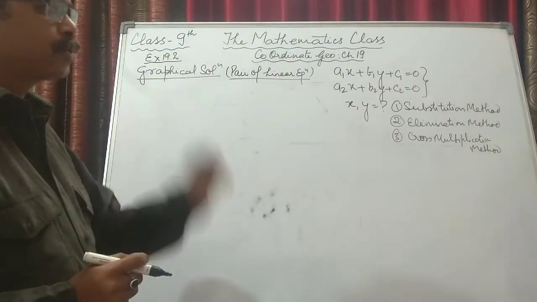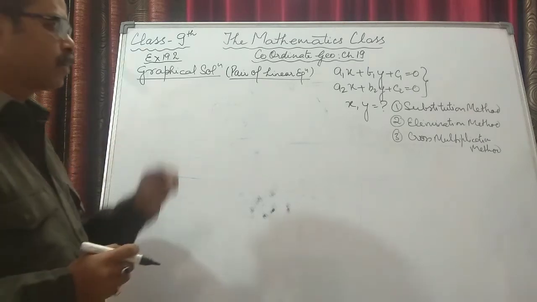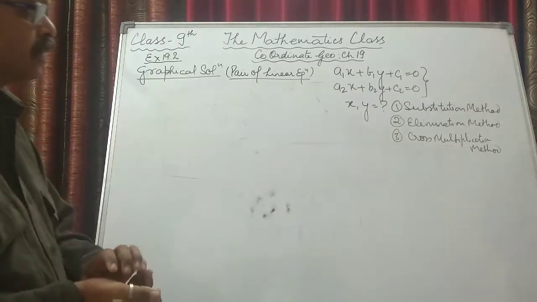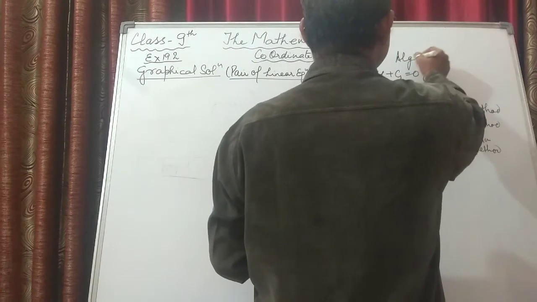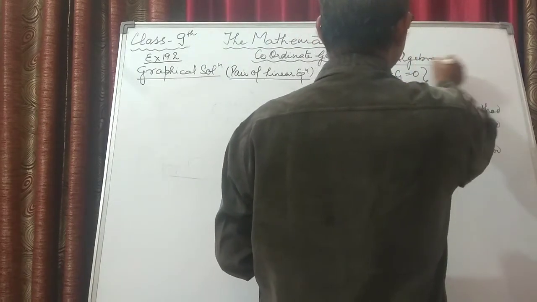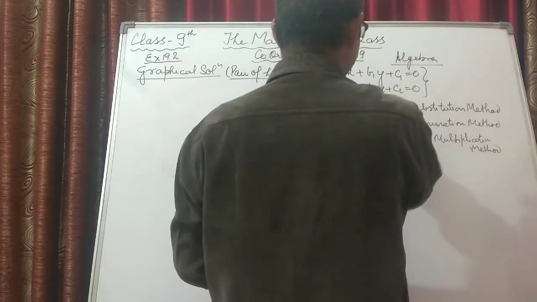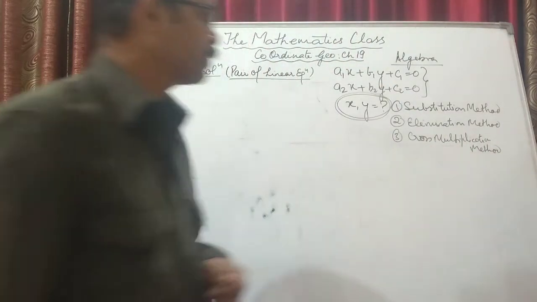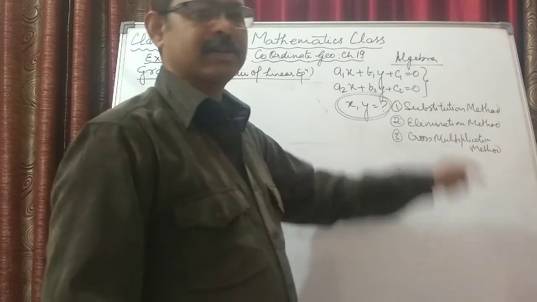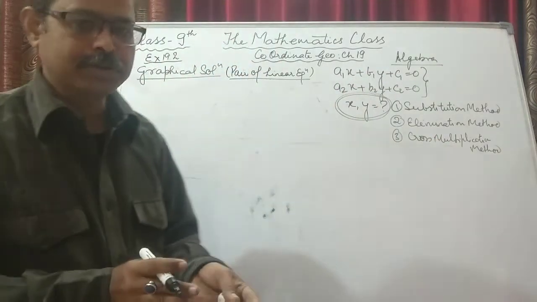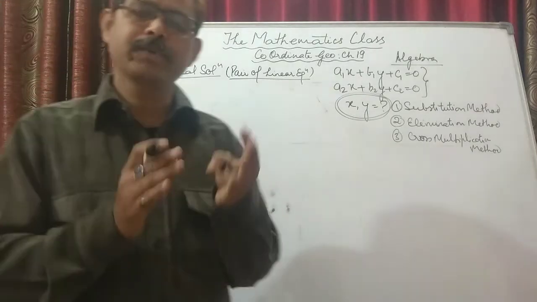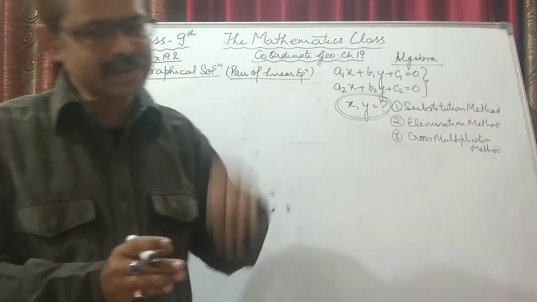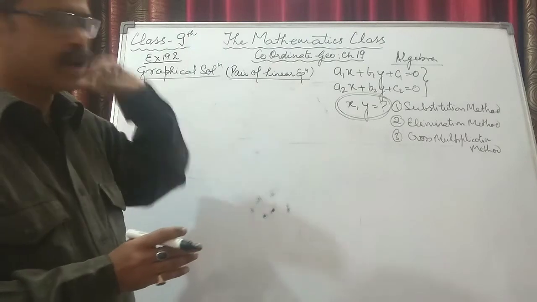Now what we need to do when we are going to solve, meaning in the algebra part, we used to calculate or find out the values of x and y by any of these methods. Same thing we are going to do in coordinate geometry also, or we are going to find the values of x and y in this chapter also.